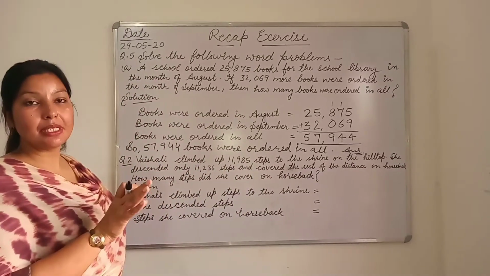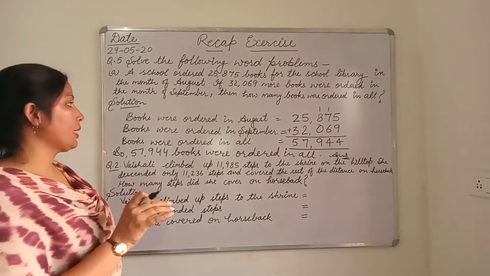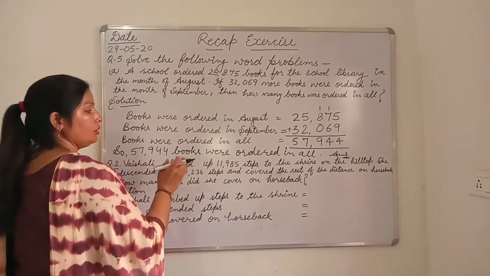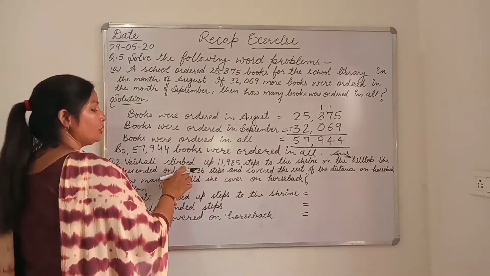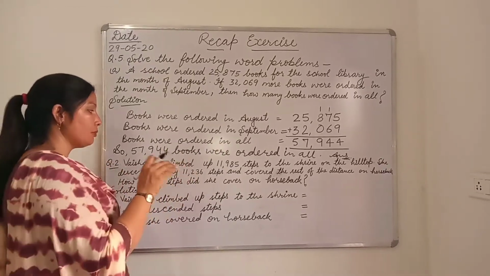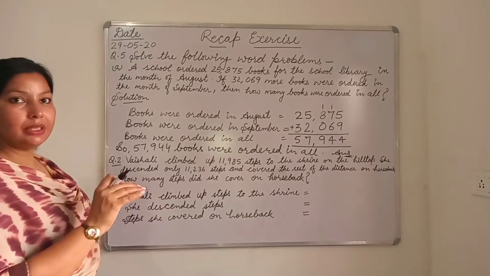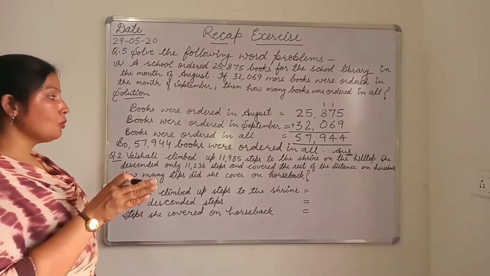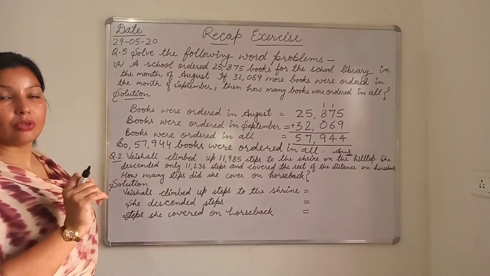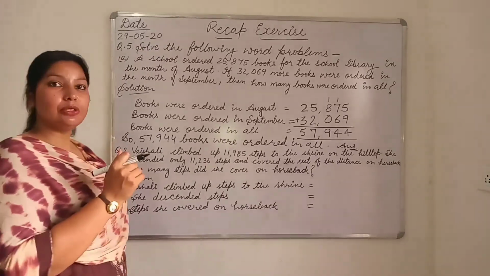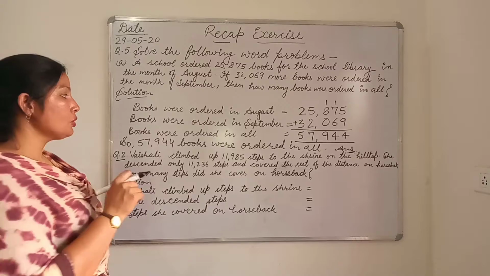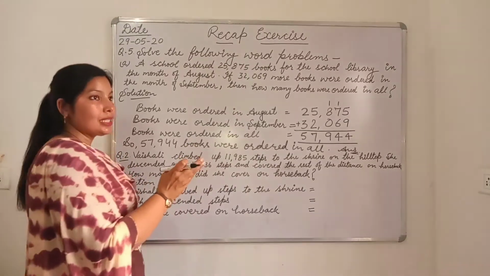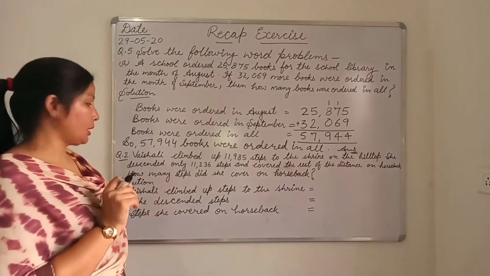She covered the total steps, and up to 11,236 she came down, but after that she got tired, so she came on horseback. For the rest we will do subtraction, because we know the total and how many she covered.